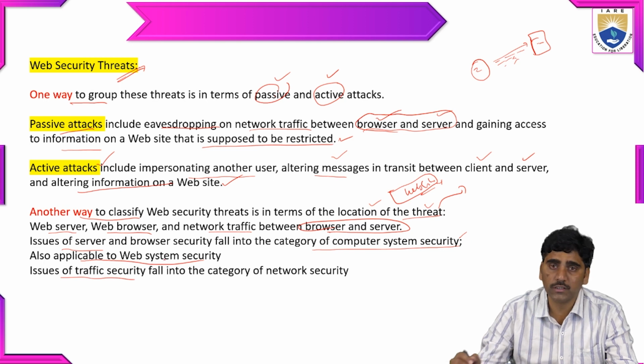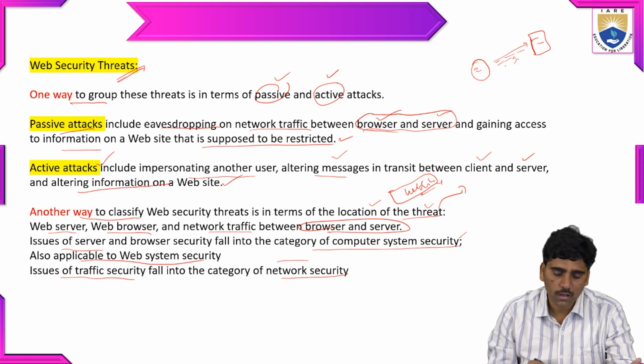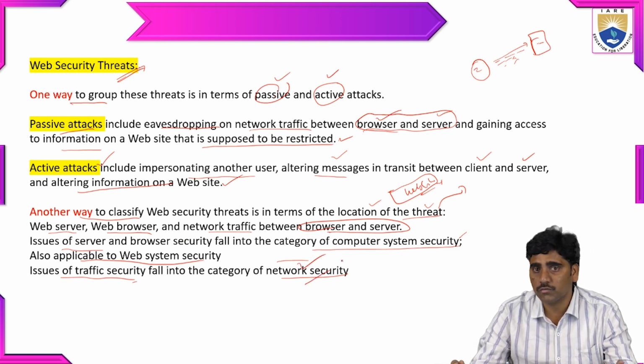Issues of traffic security fall into the category of network security. It is also applicable to web system security. Network security has to monitor all the network traffic between the browser and server.